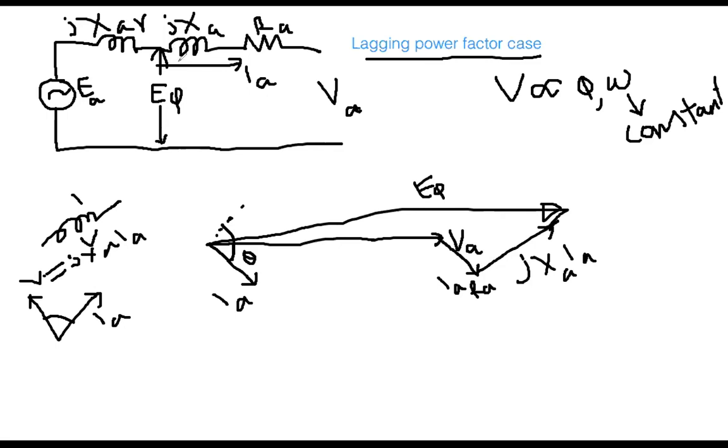Again, because this is the same inductor, they will be in the same line, so I went further. I added this portion, jIA multiplied by XAR. So now I am done. Everybody look: from here to here, this is my final vector, which is EA.